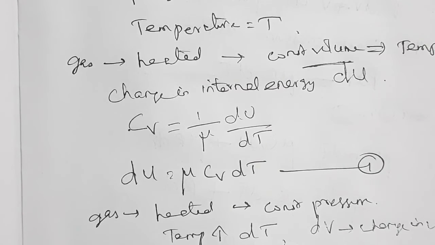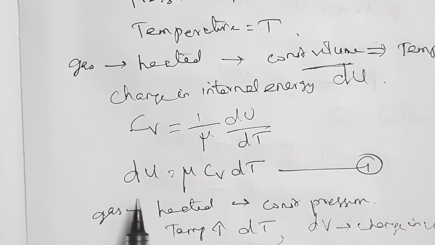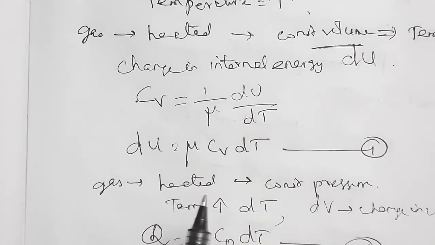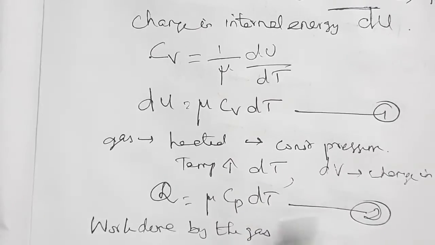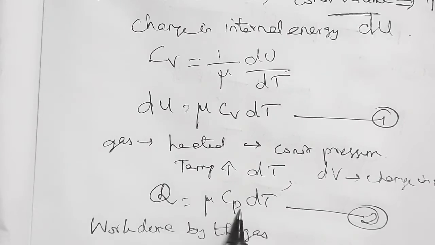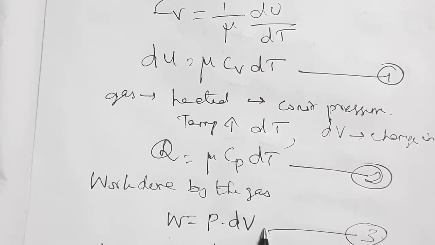So listen. First we have taken at constant volume the internal energy change as dU is equal to mu Cv dT. And at constant pressure Q is equal to mu Cp dT. Work is done by the gas, so W is equal to P dV.